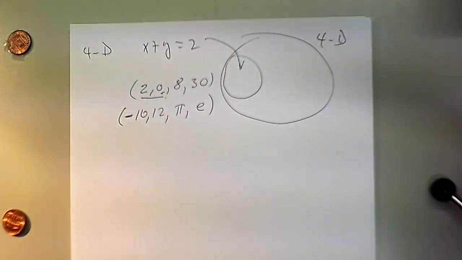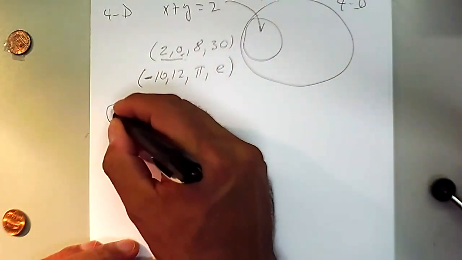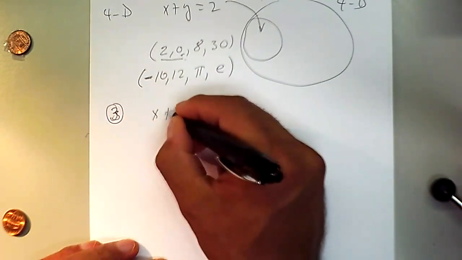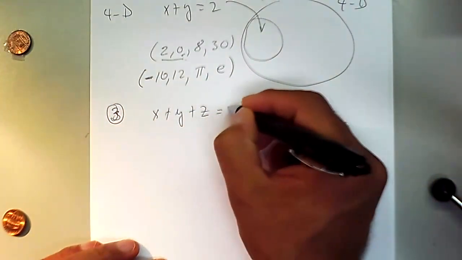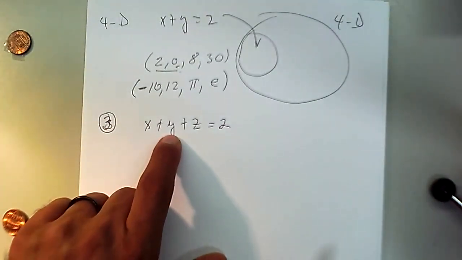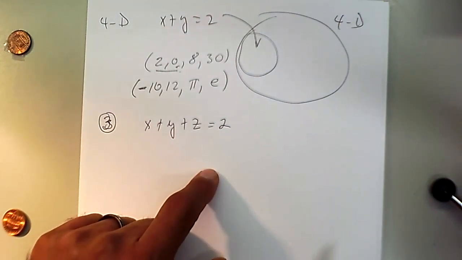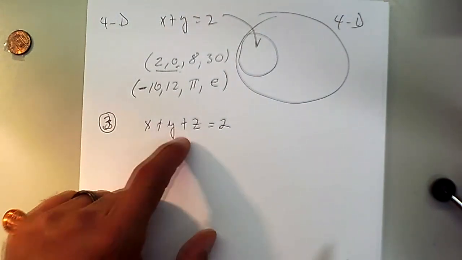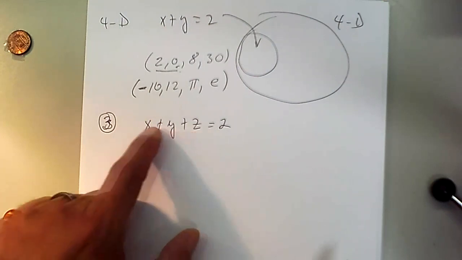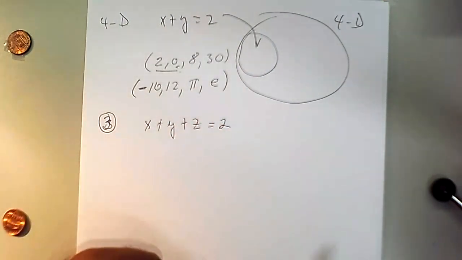Yeah. So example 3, that's a 3: x plus y plus z equals 2. First of all, this set cannot be inside of 1 dimension, and it cannot be inside of 2 dimensions, because we need 3 dimensions to even be thinking of this.